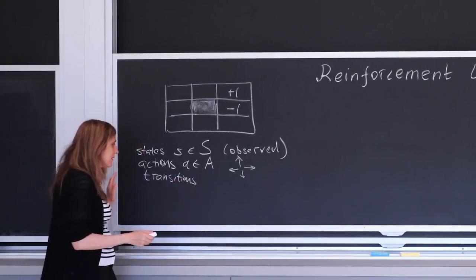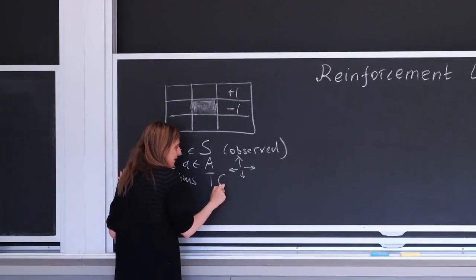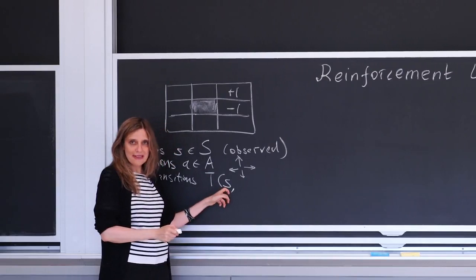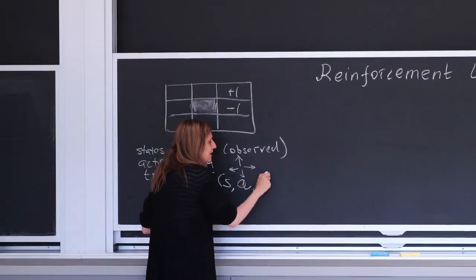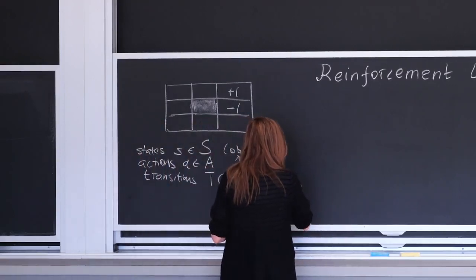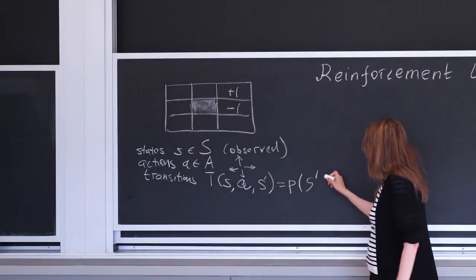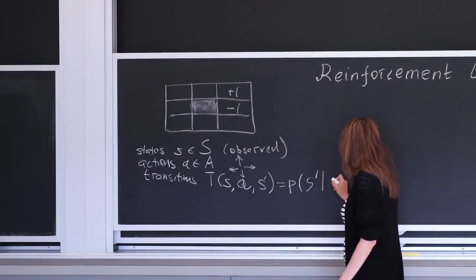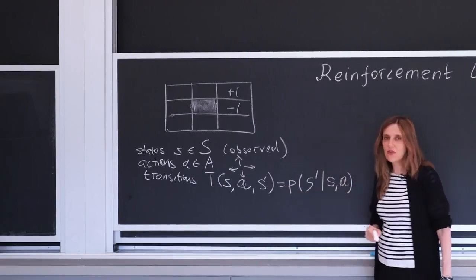So transition will take the state from which you start, then the action A that you are taking, and the destination state, okay? And it will give you the probability of ending up at state S prime when you have taken action A from the state S. This is a transition.